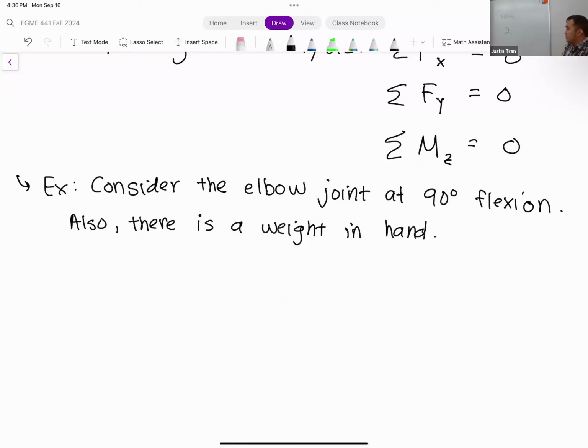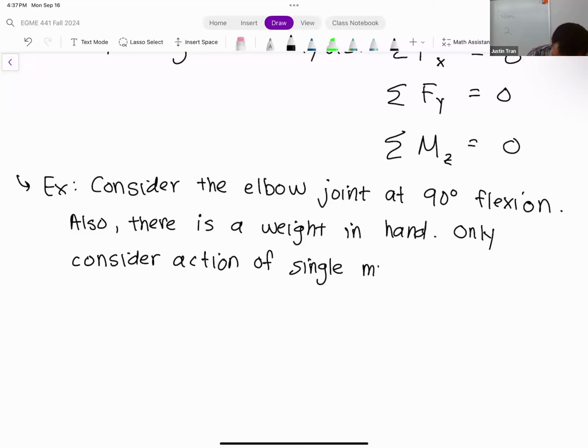To keep things simple for this first example here, we're only going to consider the action of a single muscle. And so we're only going to consider the action of the biceps muscle. Okay. And so we're lumping all three muscles of the biceps into one just for this.